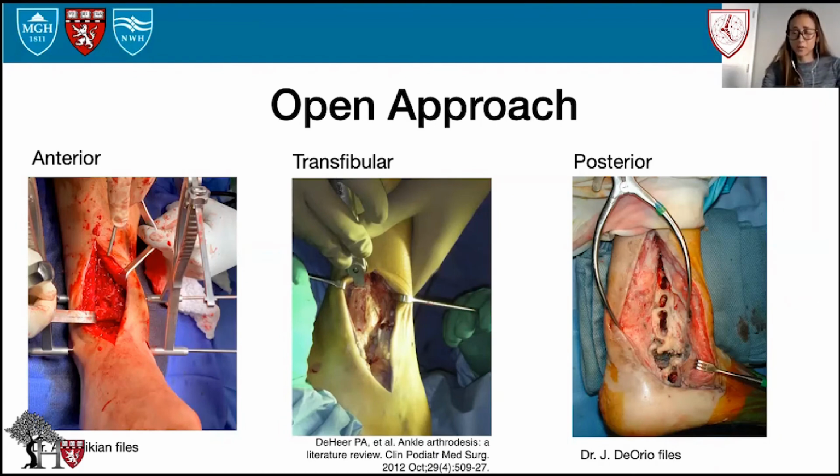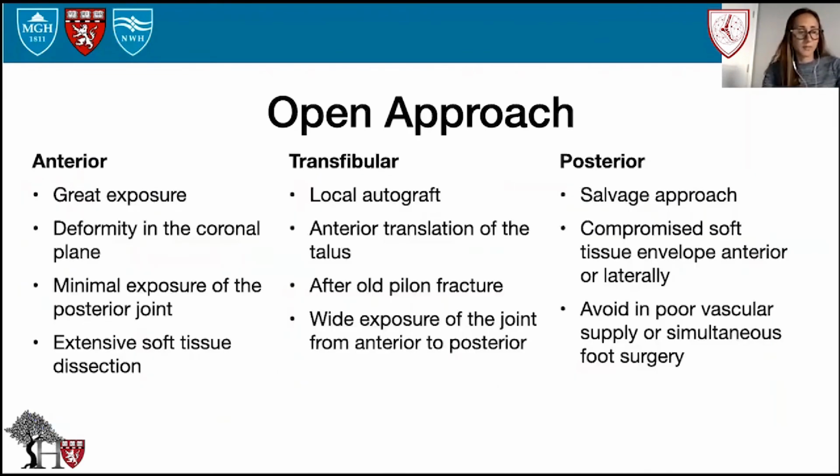The posterior approach is the least used, but it has been described and has specific recommendations, and it is useful, in my opinion, to know that it's suitable in patients where the anterior or the transfibular approach are not appropriate. In terms of these three open approaches, we have the anterior approach, which offers a great exposure.